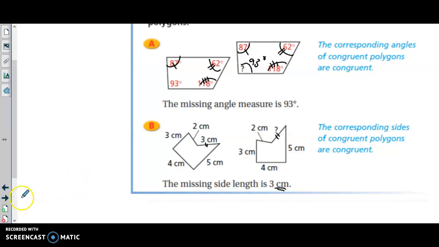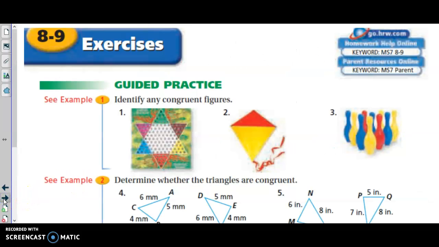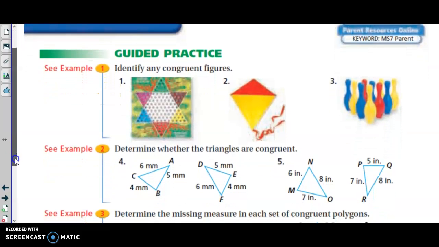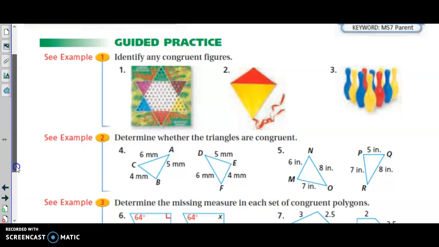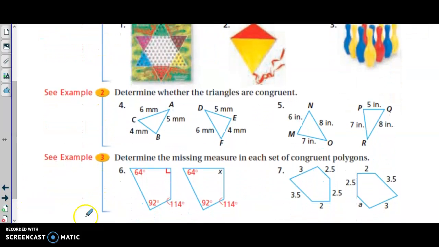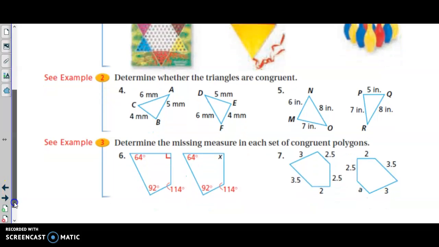So let's take a look at some example ones. Identify any congruent figures. In example 2, determine whether the triangles are congruent, just yes or no. And in example 3, determine the missing measure in each set of congruent polygons.